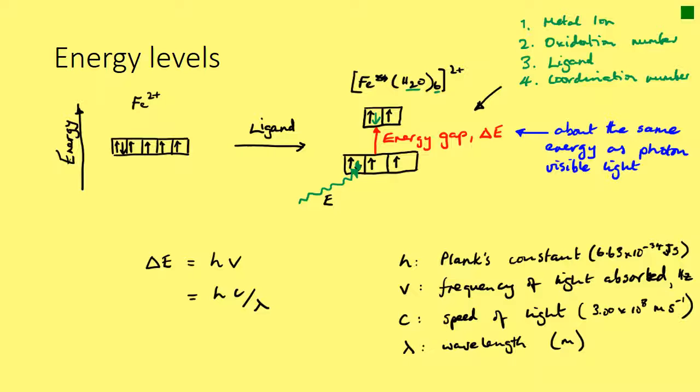And it just happens that this energy gap between the 3d orbitals is about the same energy as is contained in a photon of visible light.